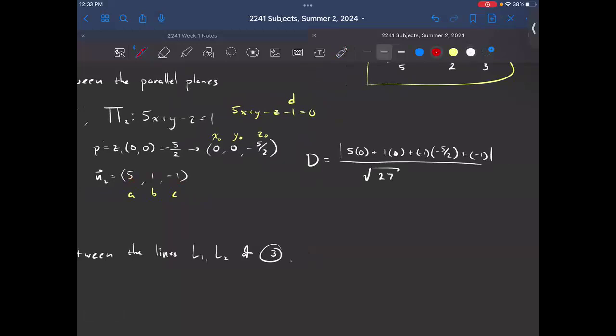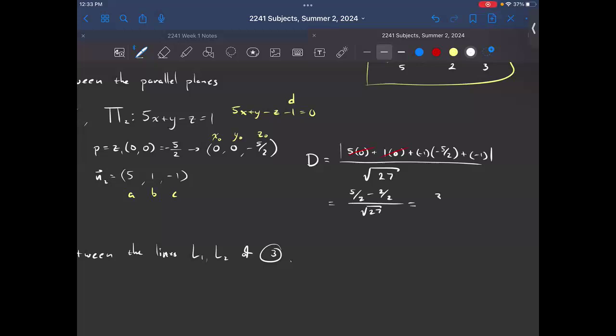So this goes away, that goes away, and we get, okay, so +5/2 minus 1 divided by square root of 27. +5/2 minus 2/2, divide by that, and we have 3/2.